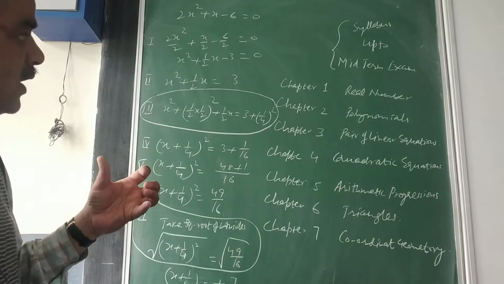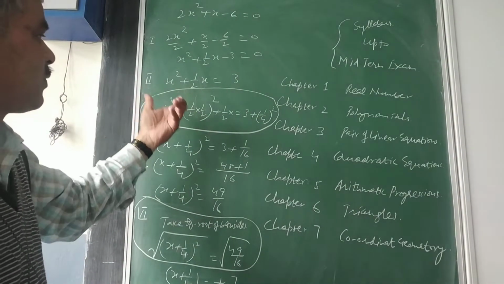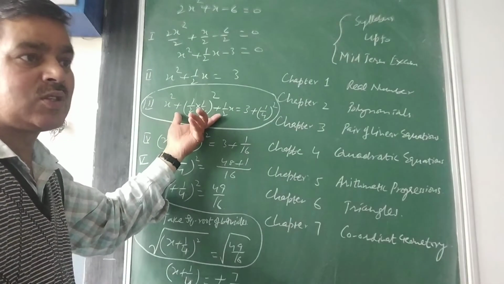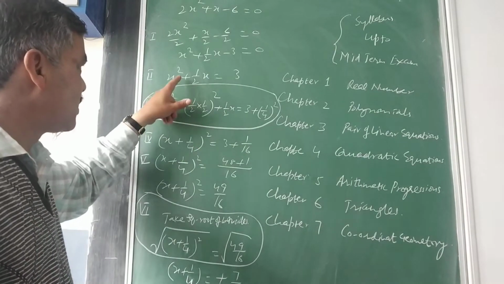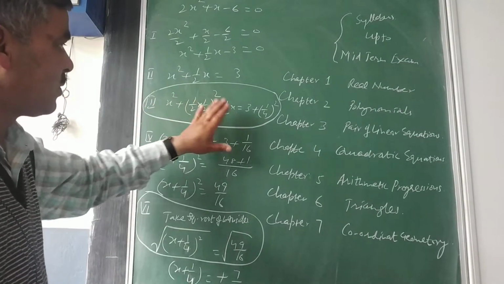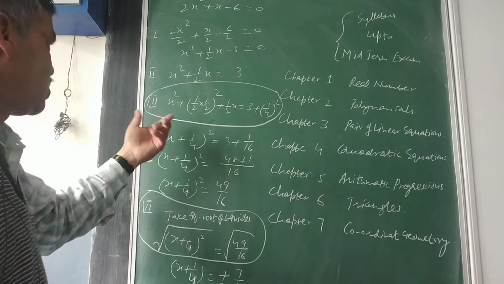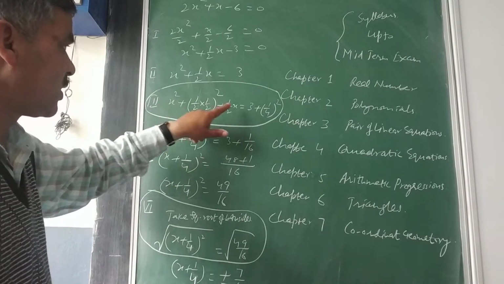Why am I taking that? Because this step will make the left hand side a perfect square. In any case, if it is plus, it will always be plus; if it is minus, then it will be minus. Now you can check, this is a square, this is b square and this is 2ab.